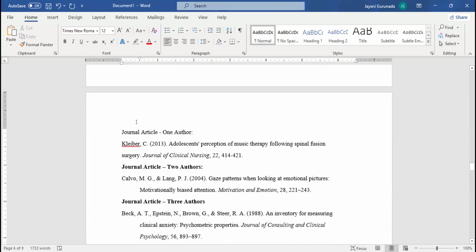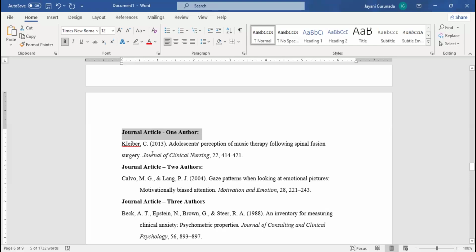if you are using a journal article with one author, right? If there's only one author in your journal article, the surname should be there, comma, then the other names, that means initials, and put the full stop, then the year, full stop, then the title of the research, right?